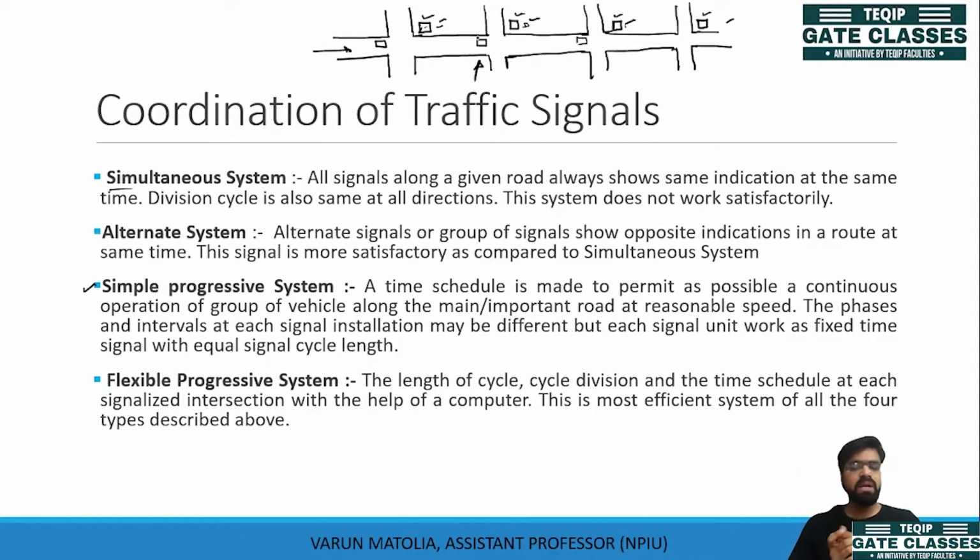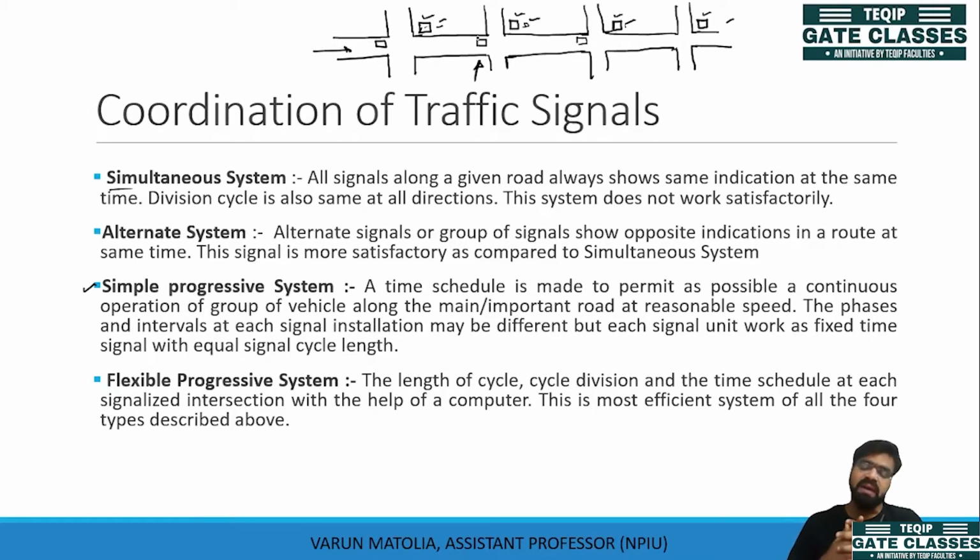The flexible progressive system allows you to schedule for different timings. Like in the simple progressive system, throughout the day it was the same. For the flexible progressive system, the length of cycle, the cycle division, and the time schedule at each signalized intersection can be changed with the help of a computer.